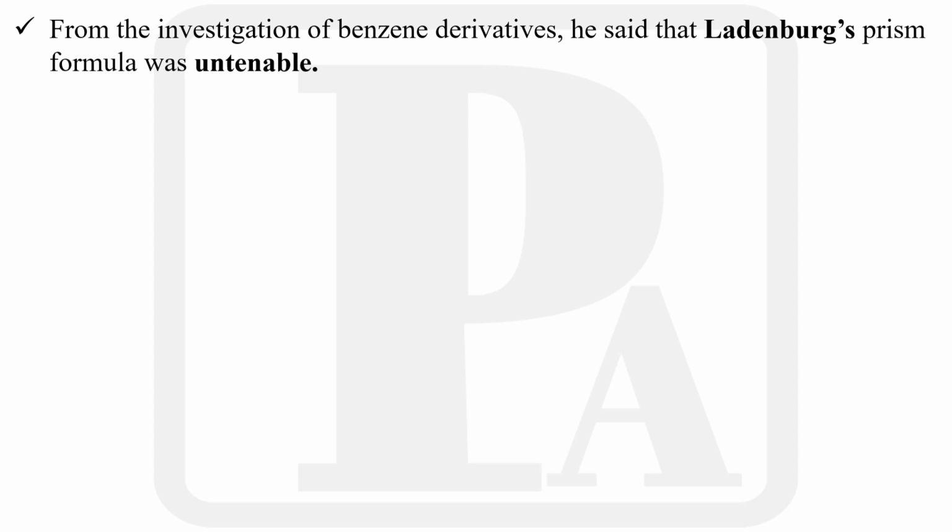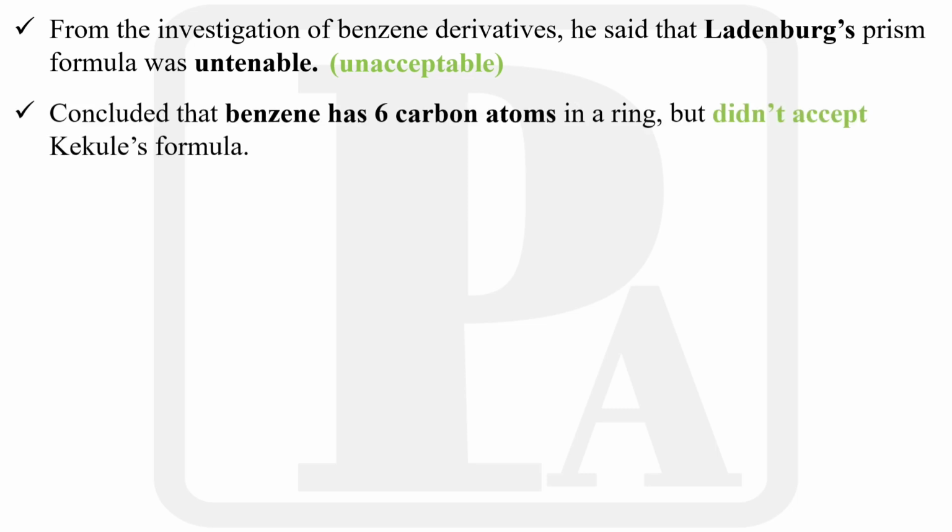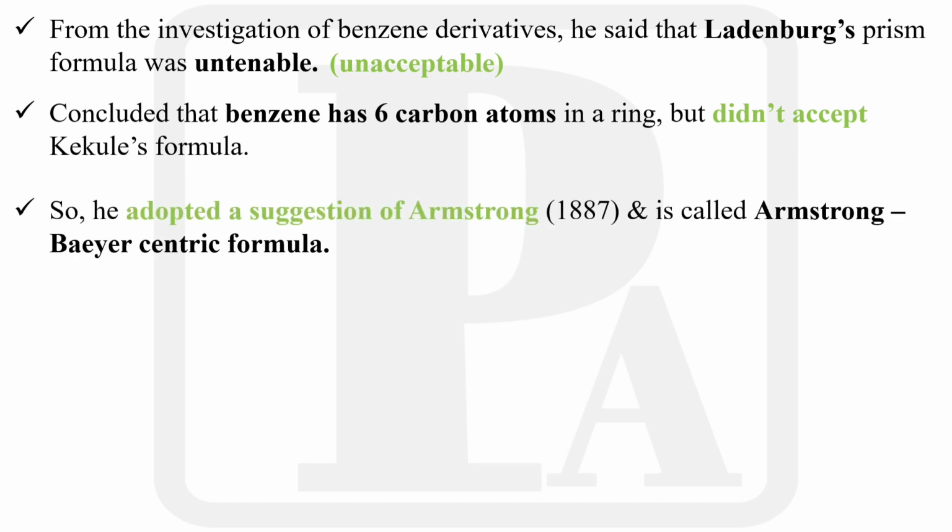And finally, he concluded that benzene is having 6 carbon atoms and is not accepting the Kekulé formula. So he adopted a suggestion of Armstrong, and that is called the Armstrong-Bayer centric formula.